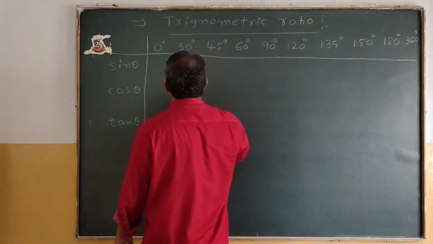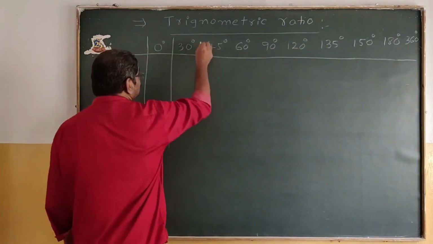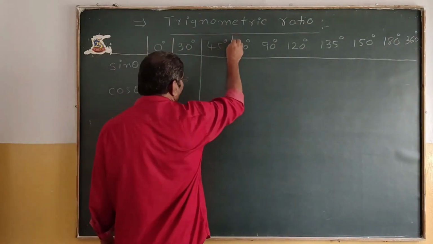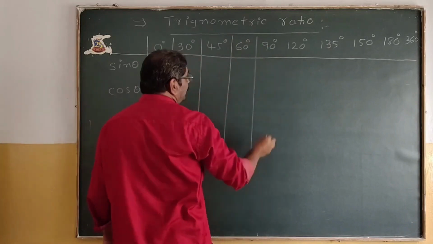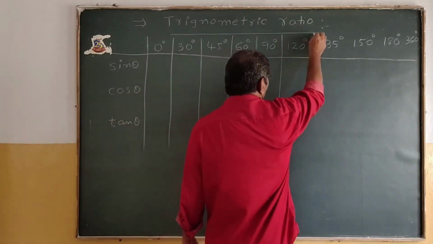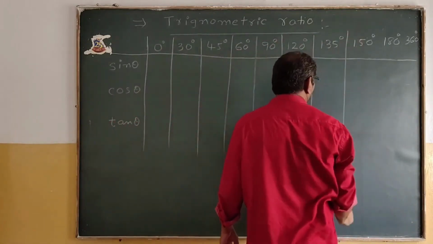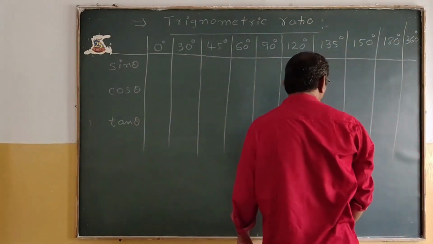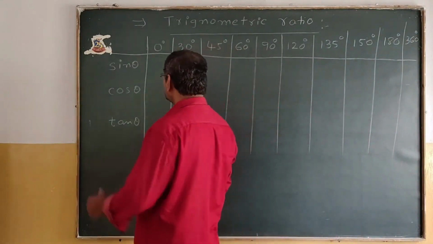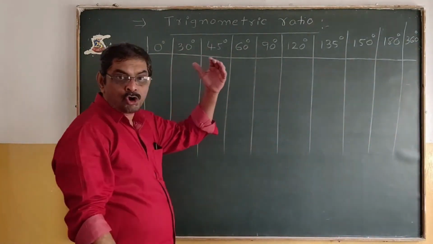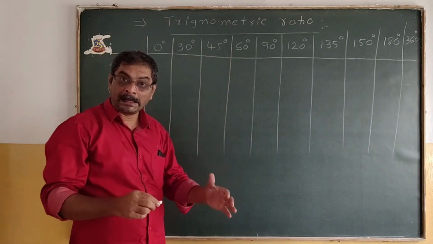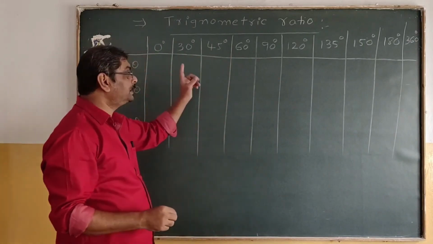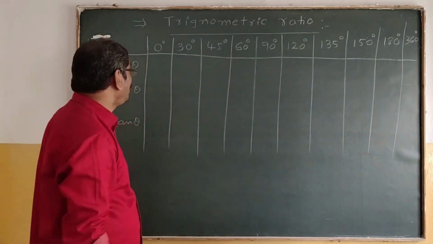So let us find out what will be the values of all the trigonometric functions for the different values of theta. Or let us find out what will be the values of sin theta, cos theta and tan theta for the different values of theta.